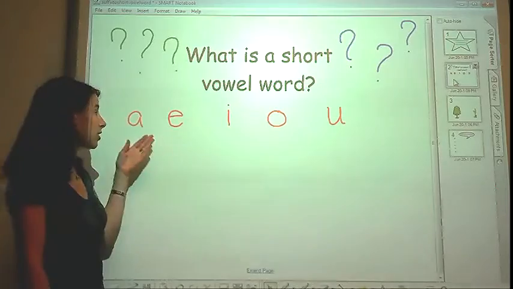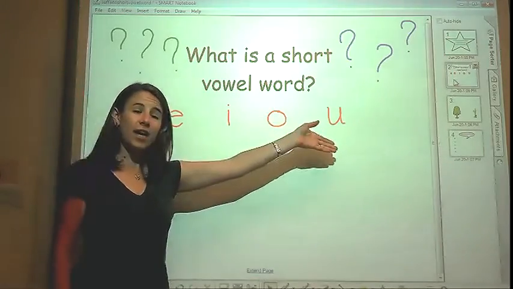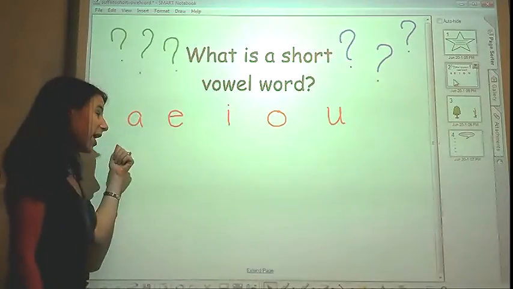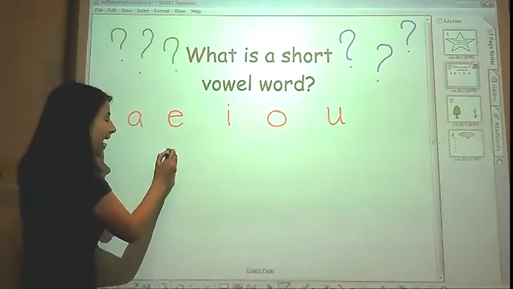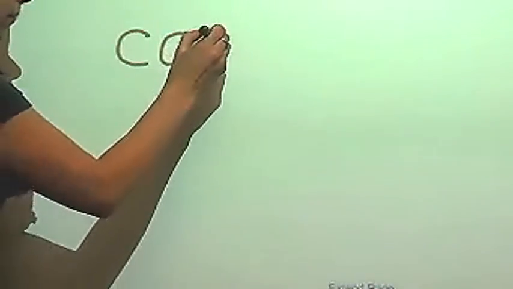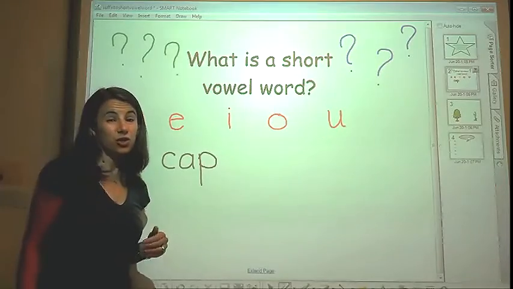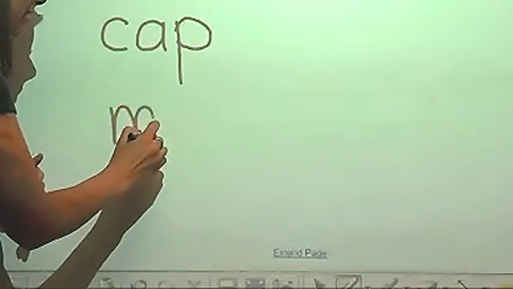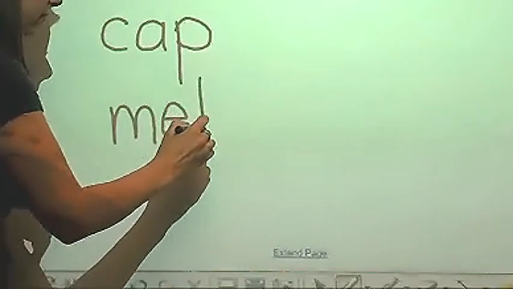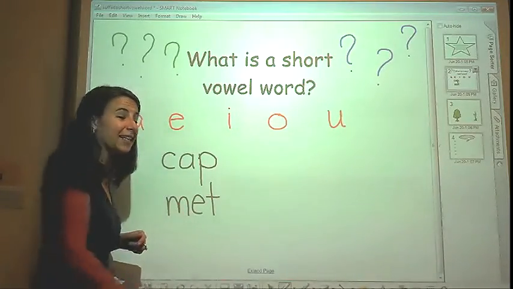The short sounds are A, E, I, O, and U. So let's look at the letter A. Its short sound is A, like in the word cap. The E, its short sound, E, like in the word met. The I, like in the word hit.